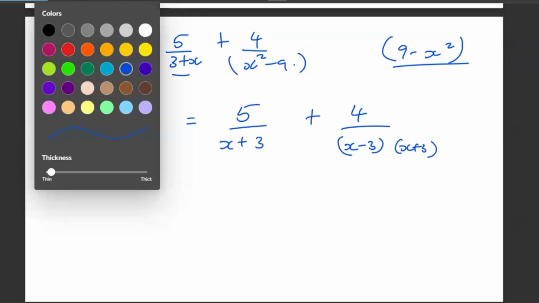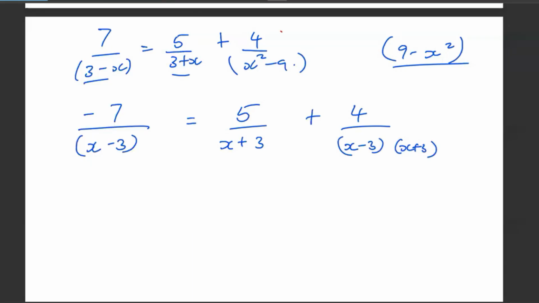Then whenever I have fractions, aim at eliminating the denominators. Okay, so I'm going to multiply by the biggest, which is x minus 3, x plus 3. Same thing here, x minus 3, x plus 3. And then the same story here, x minus 3, x plus 3.